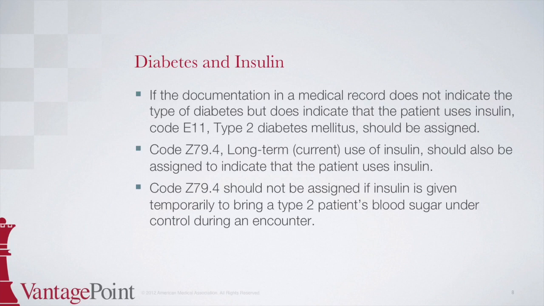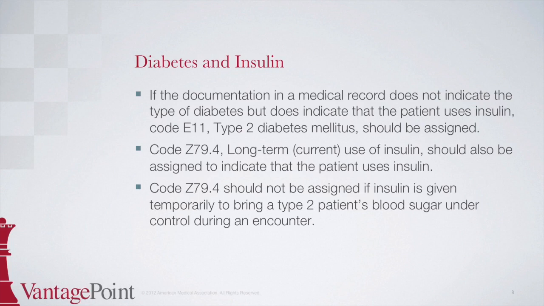Even if the documentation states that the patient uses insulin, but type of diabetes is not documented, you cannot assume that the patient has insulin-dependent or type 1 diabetes. As we discussed on a previous slide, if the type of diabetes is not documented, your default is type 2, which is category E11.